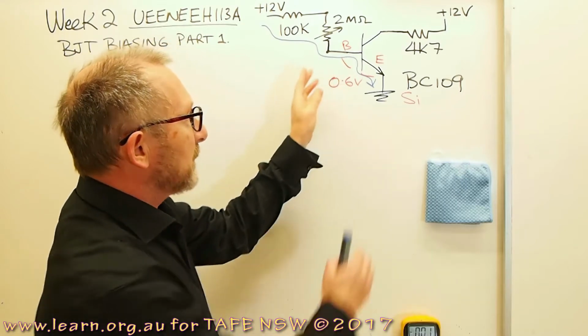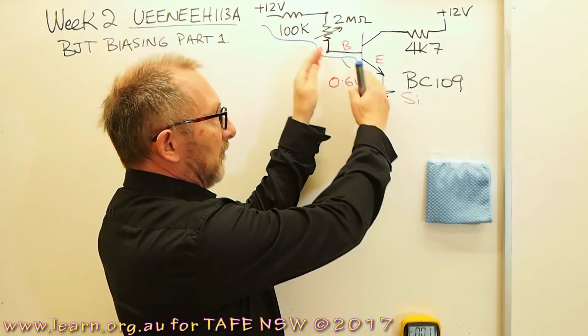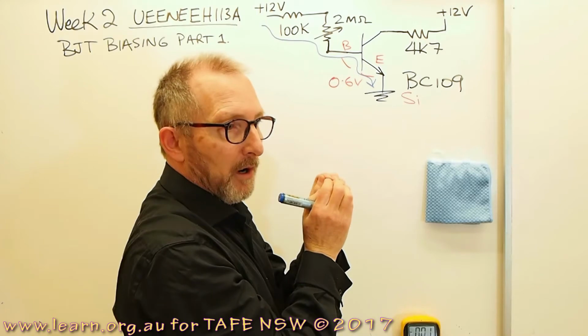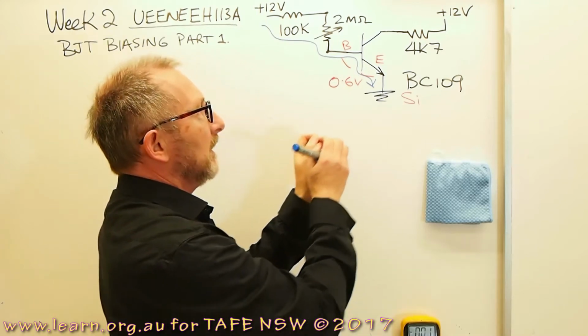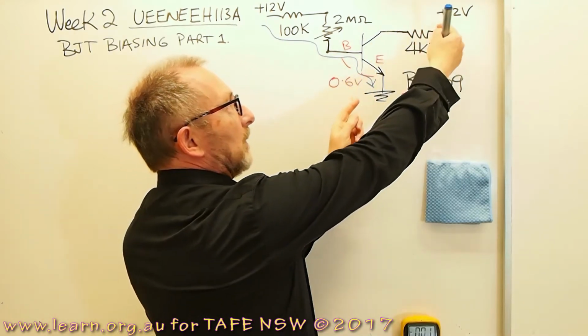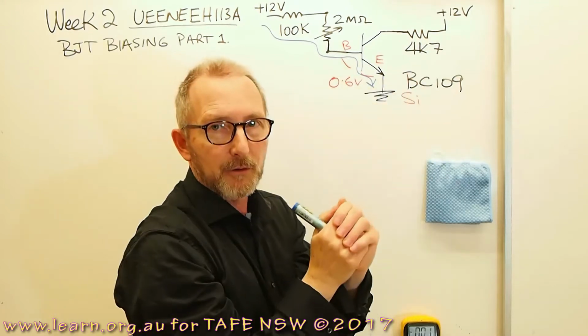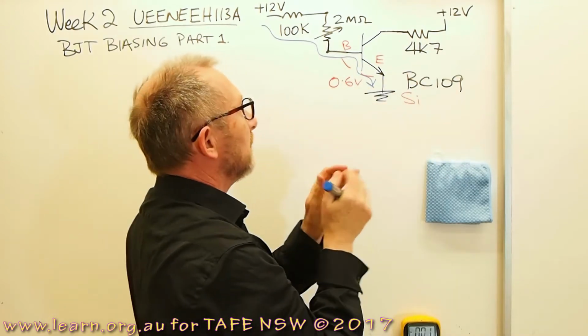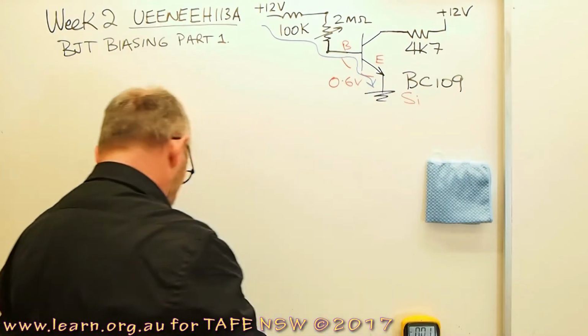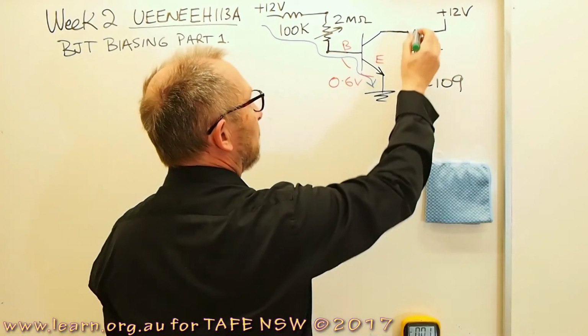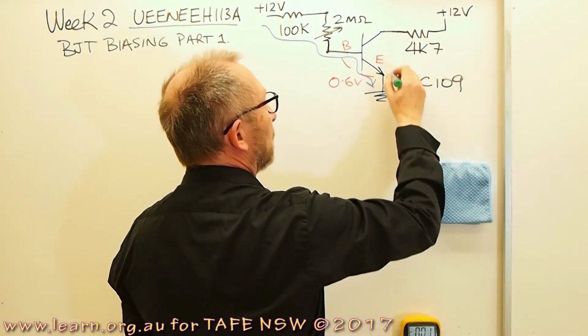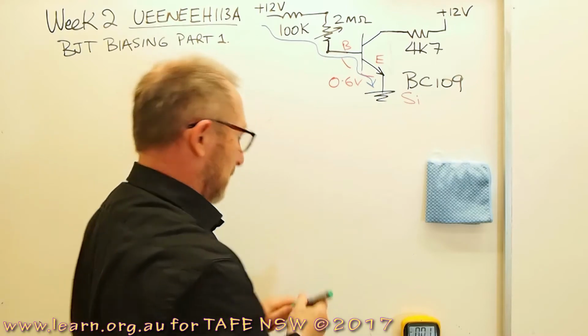And once we get that base emitter junction forward biased and working, then we can get a lot of current travelling down through the collector to emitter junction there. So maybe I'll use a different colour for that one and show that we'll have a lot of current travelling down here.